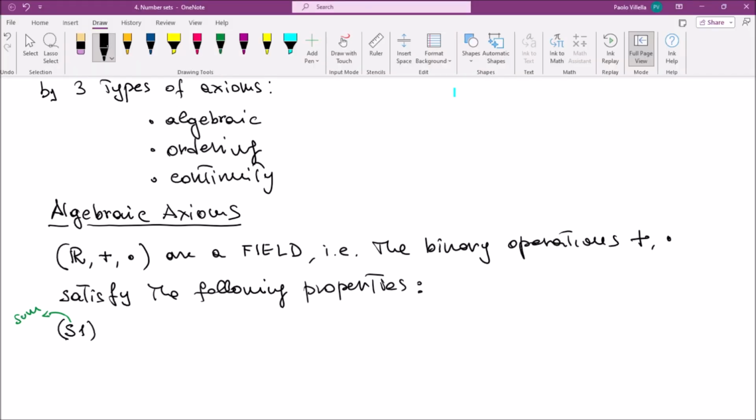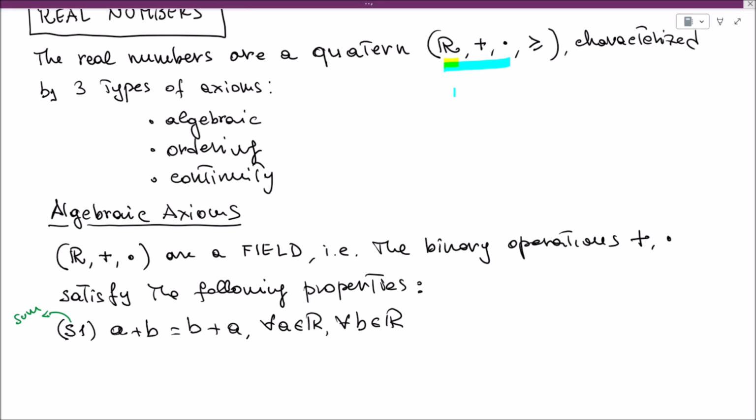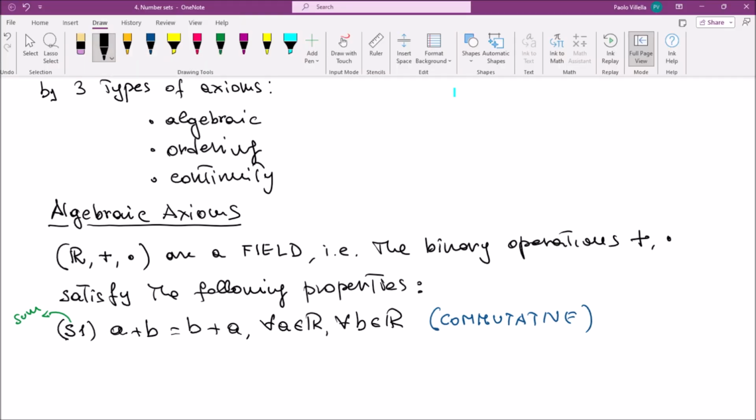S1 is the first axiom that refers to the sum of any two numbers, and this axiom says that a plus b is equal to b plus a for any a in R and for every b in R. And this is what is usually called the commutative property of the sum.